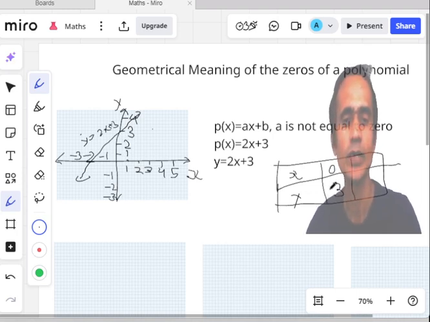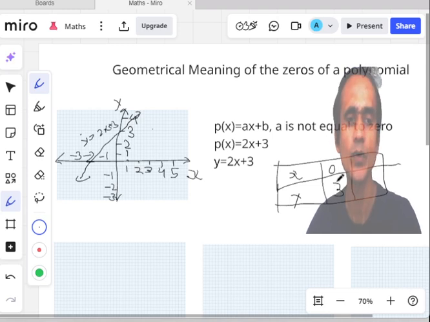Then to draw a line we need at least 2 points. So we have got this 1 point, x is equal to 0 and y is equal to 3, this point. We need one more point, so we place y is equal to 0 in this equation.